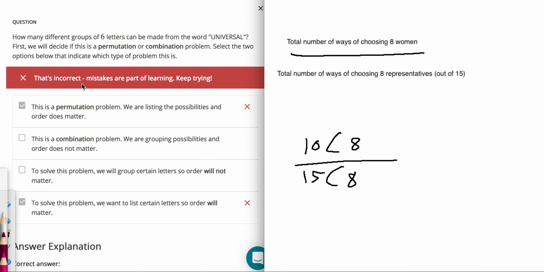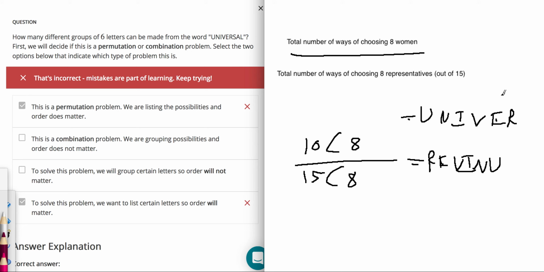So for a letter group to be different, it can't have any repeating, but the order doesn't matter. You know, U N I V E R is the same thing as R E V I N U. It's just a confusing question. They're saying that they're making groups, not words. These two things are equal to one another.